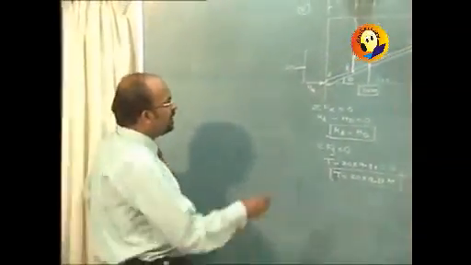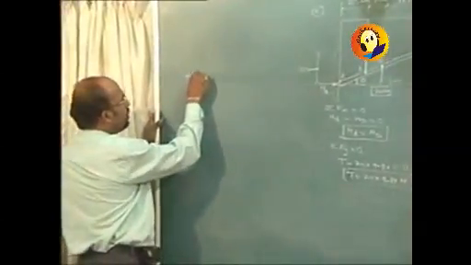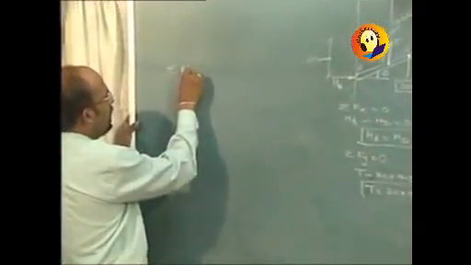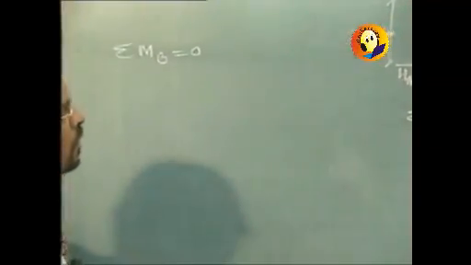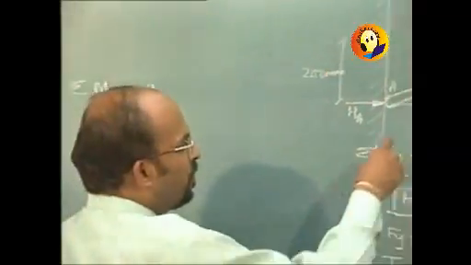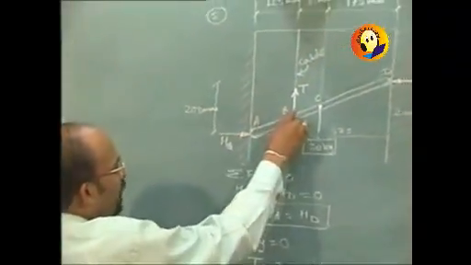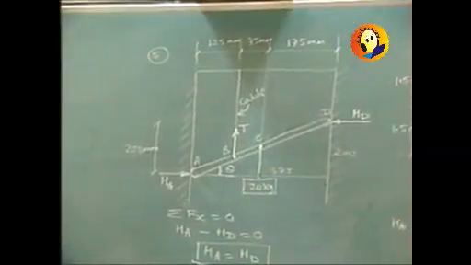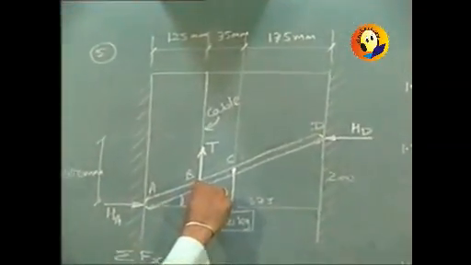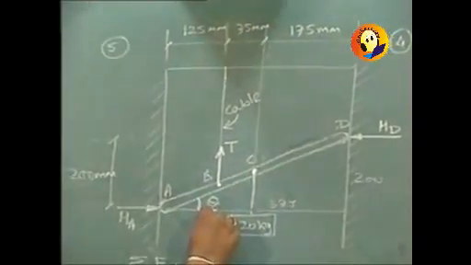So we can write the third equation, sigma moment about point B is equal to 0. We will proceed with taking the moment at point B, but then we are finding a basic difficulty, as we are required to measure this vertical distance for which that theta was required.